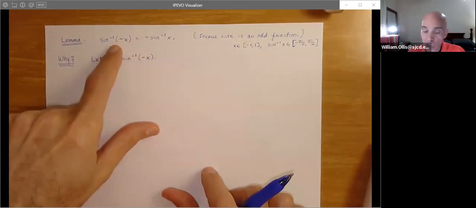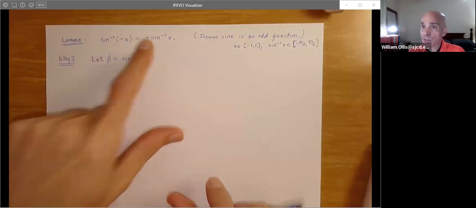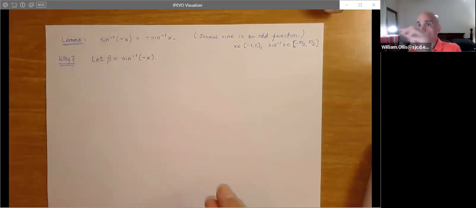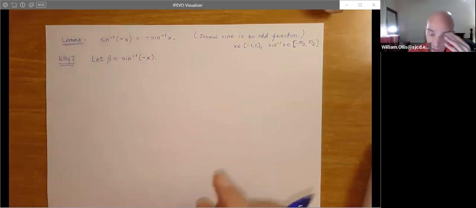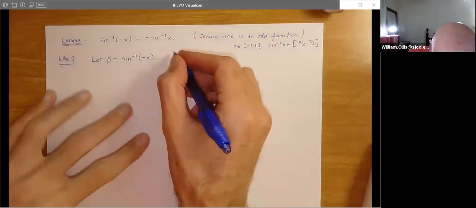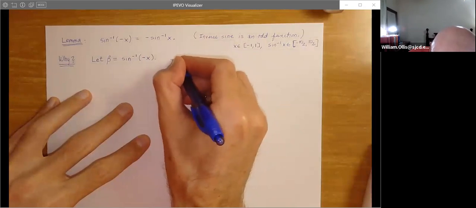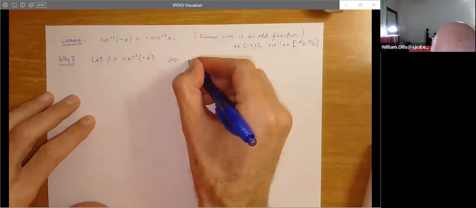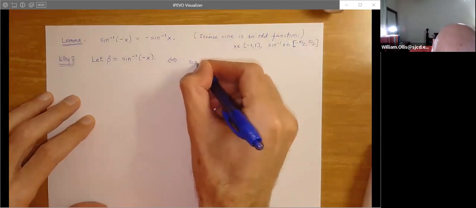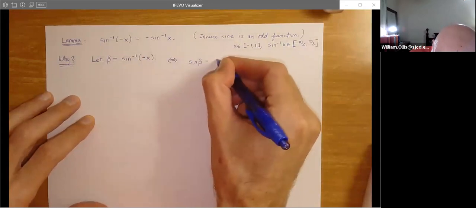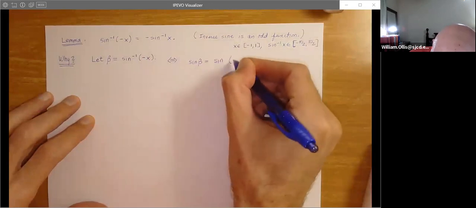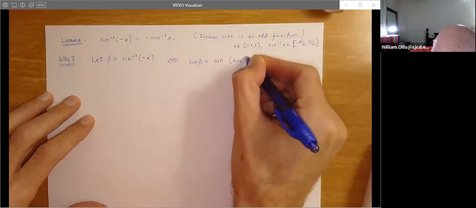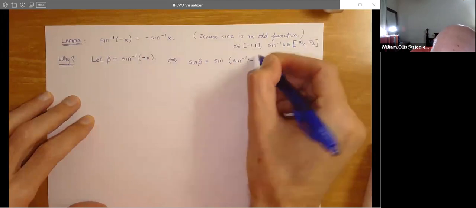That is, we can actually show that this is identical to this. So it's like we're going to go forward, then we're going to go backwards and keep our fingers crossed. So now, by definition, we can apply sine to both sides. Let's just go ahead and do it. I'll go ahead and write it all out. Sine of beta equals sine of the inverse sine of negative x.